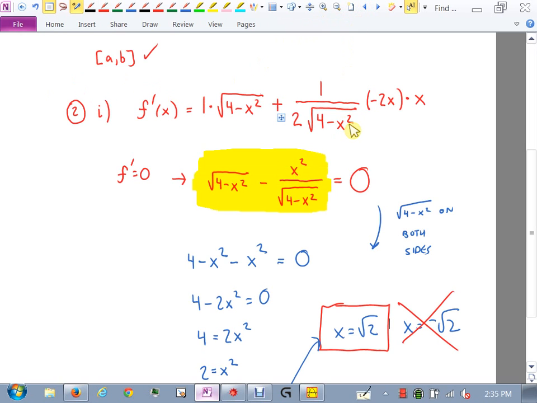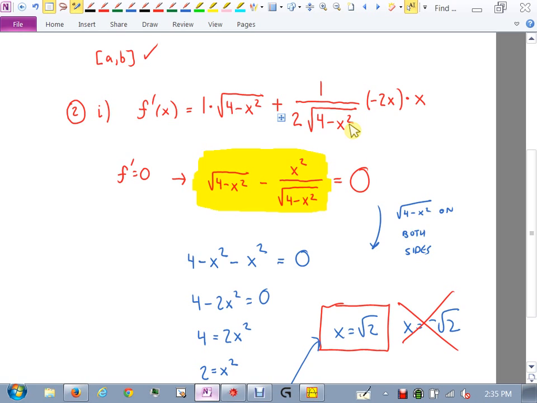So take a look. Now I go back to that highlighted thing. Can you tell me somewhere where it doesn't exist? X is 2, right? Look, if x is 2, won't you get 0 here? Square root of 0 would be 0. You get division by 0, which would be a problem.